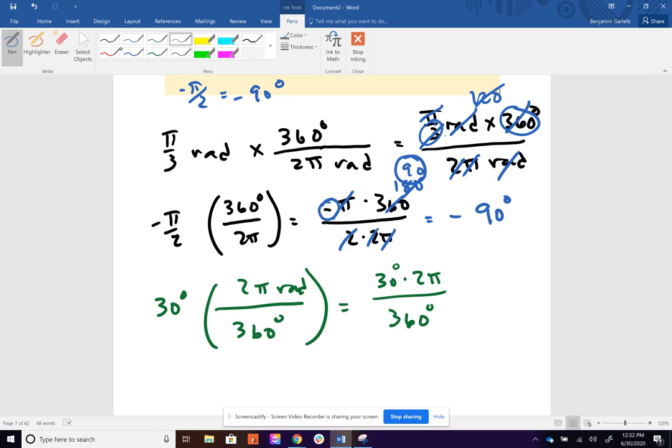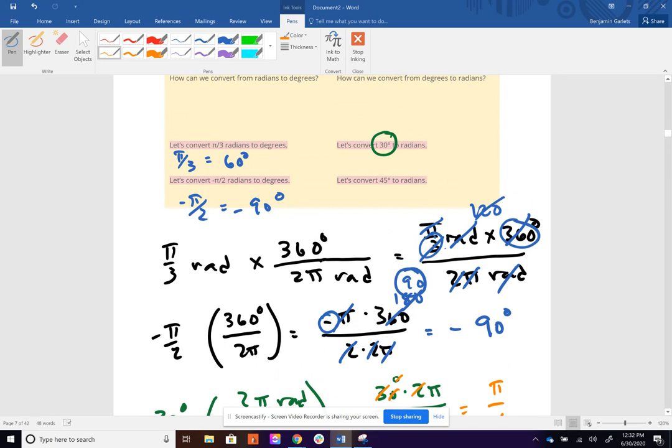You'll notice that I'm going to cancel out degrees and degrees. Then I can simplify 10 and 10. Take out a 3, take out a 3, I'm left with 12. Then 2 divided by 12 is going to leave me with a 6 in the denominator. So I'm left with pi over 6. So 30 degrees is the same as pi over 6 radians.